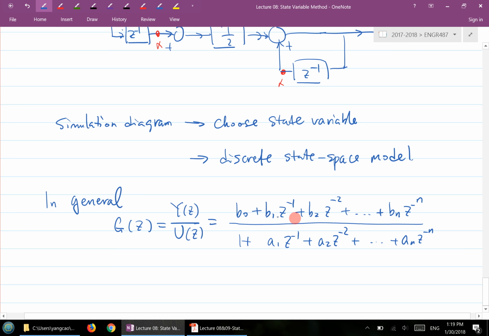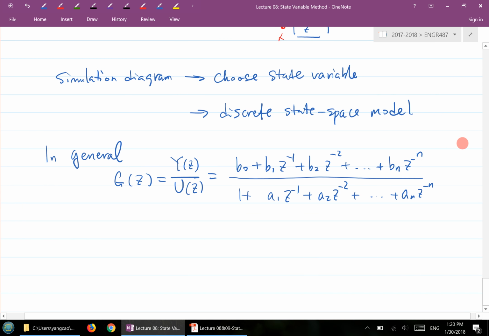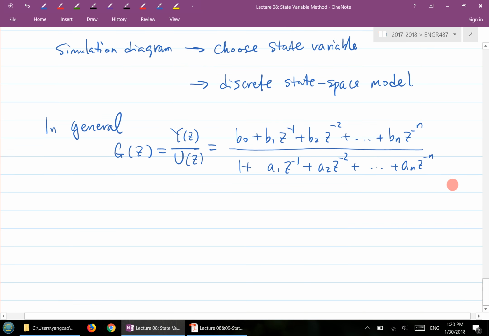The reason is that the symbols here might be different. Sometimes some textbooks start with B N minus 1, backwards. It's actually the same thing, but it just looks different. So here's a general one.